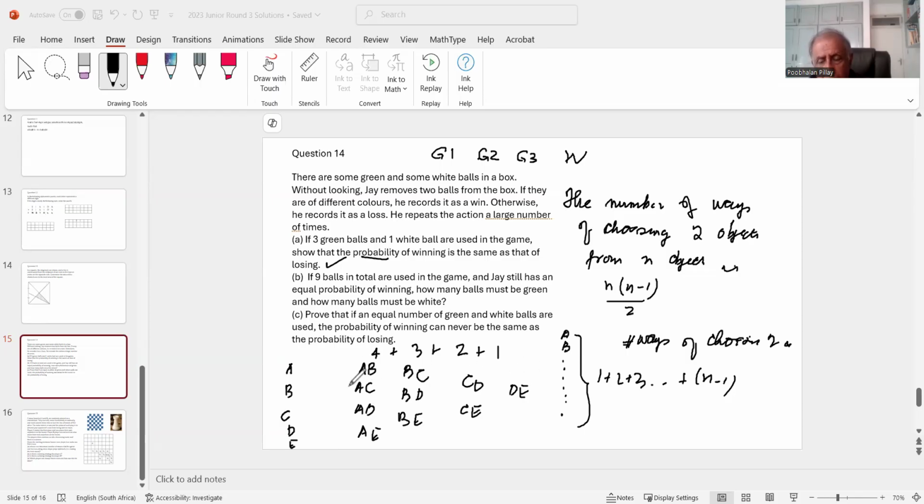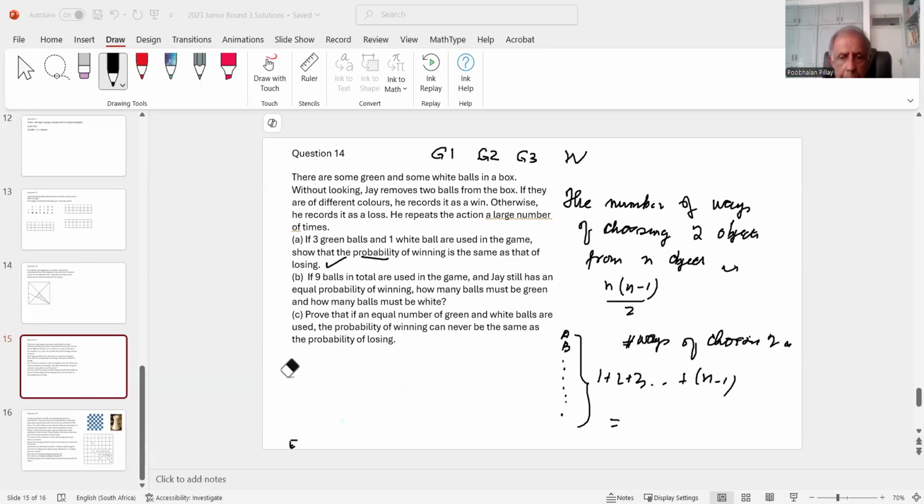And you're starting from 1 and you're going all the way. And this one here, you should know, right? Every person who's going to round 3 ought to know the formula for 1 plus 2 plus 3 up to n.